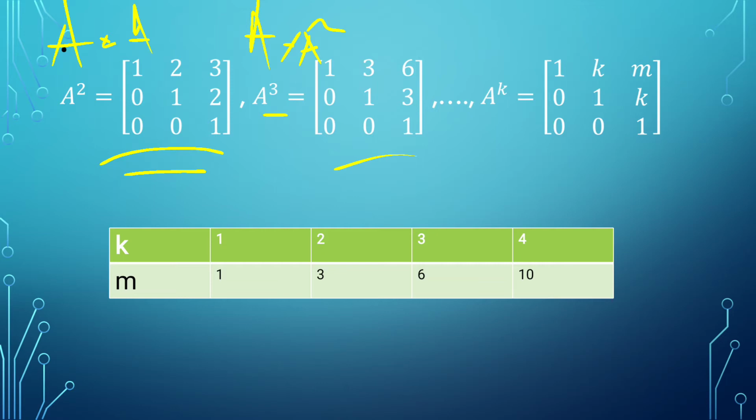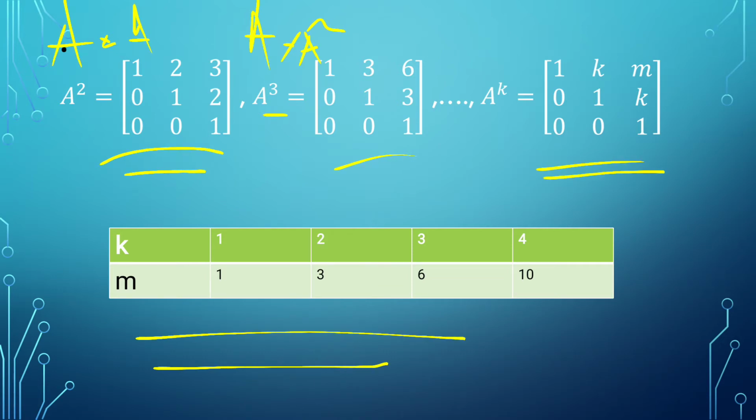That will imply, if you come up with this kind of relationship here, generally A to the power k will be equal to this. You can see 2 here is 2 here, meaning k here is k there. Then m, which is this bit here, we see the relation between this and this.